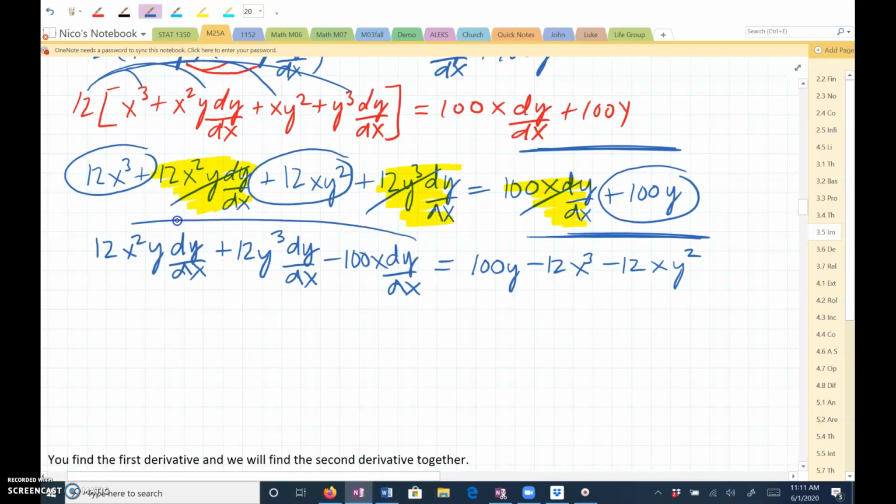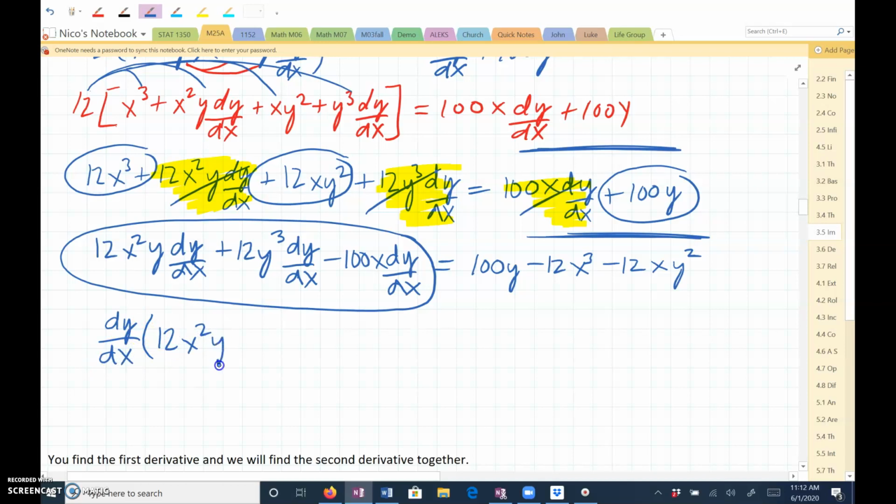Next, on this side of the equation, I'm going to factor out dy/dx. So that's going to leave me with 12x squared y plus 12y cubed minus 100x. And that would equal the 100y minus 12x cubed minus 12xy squared.